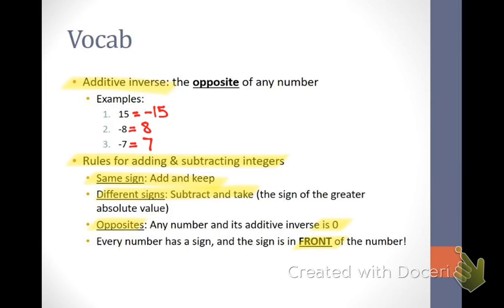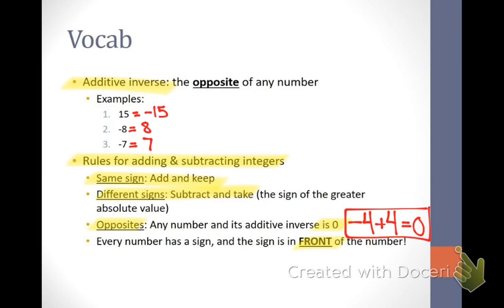Well, let's take the number -4. What is the additive inverse of -4? 4. So take a number and its additive inverse, and your answer is always 0. Any number. So what's the additive inverse of -10? 10. Well, guess what? -10 plus 10 is 0. Any number and its additive inverse is 0.